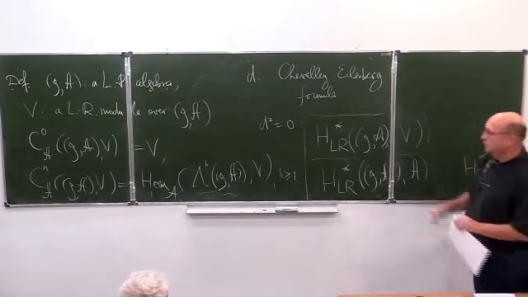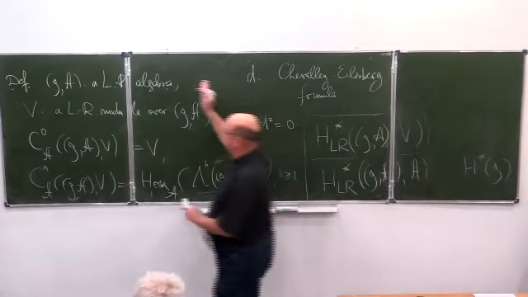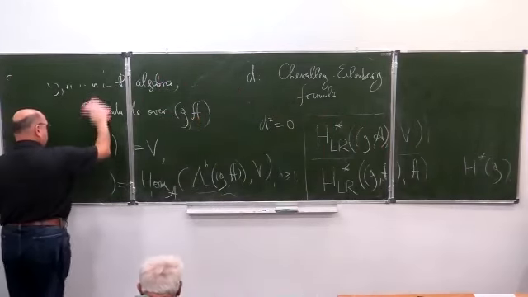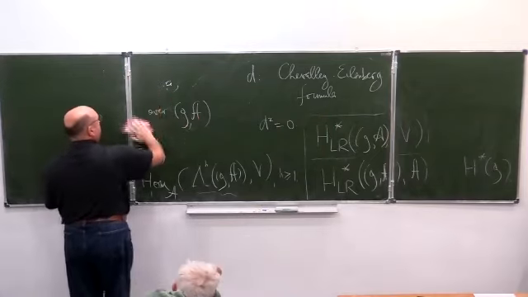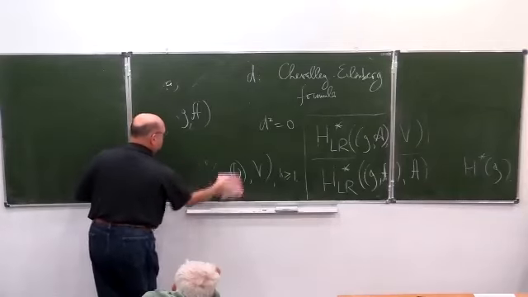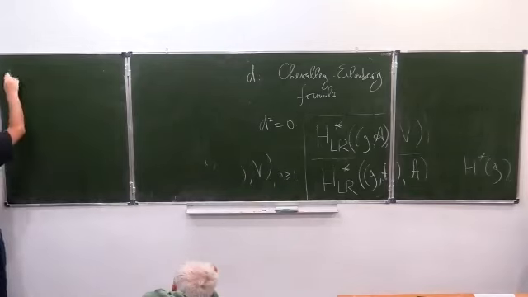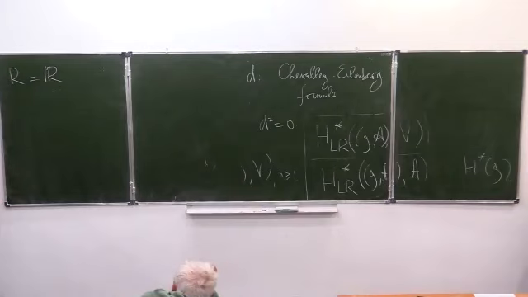Now consider the particular case of this construction. In all examples below, the ring R will be the field of real numbers.